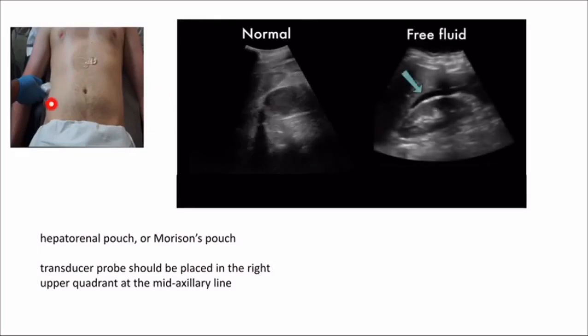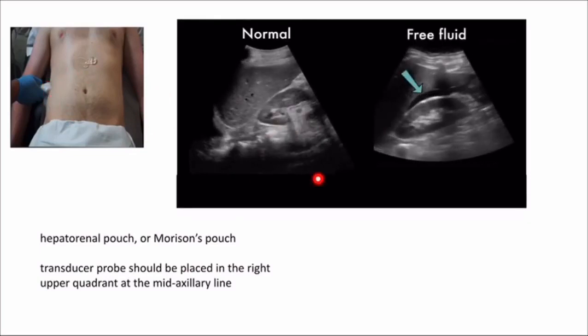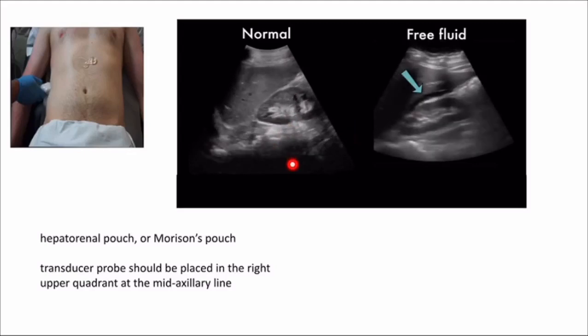This is the probe placed in the right upper quadrant, and this is the expected image that you will be encountering. To orient you, this is the liver, the right kidney, and usually there's a potential space between the liver and the right kidney, which we call Morrison's pouch. Normally, no fluid or black area can be seen in this region, only a thin layer of fat created by the perihepatic fat and the perirenal fat surrounding the kidney.